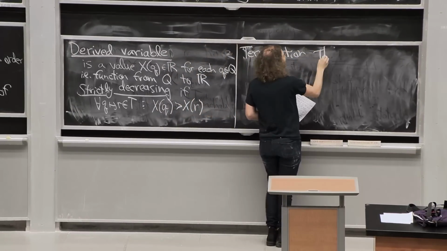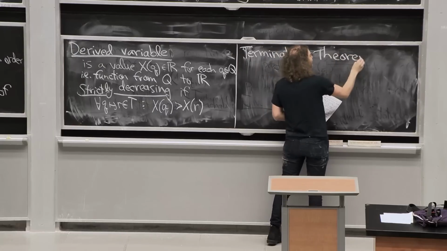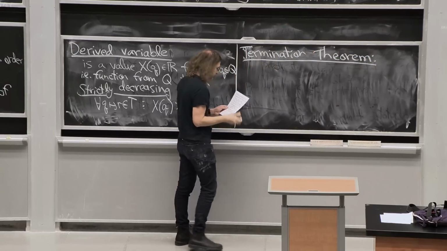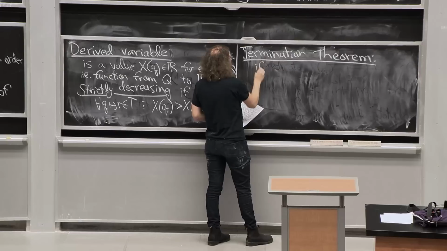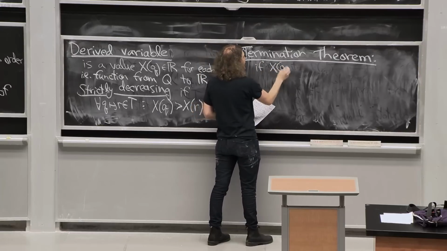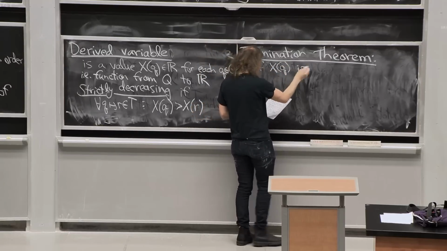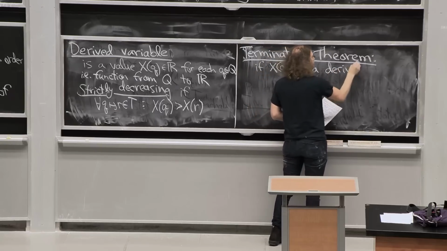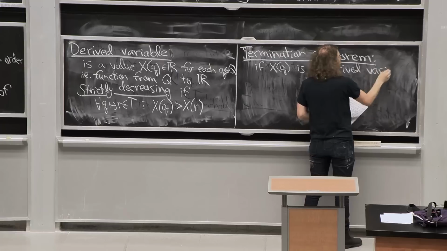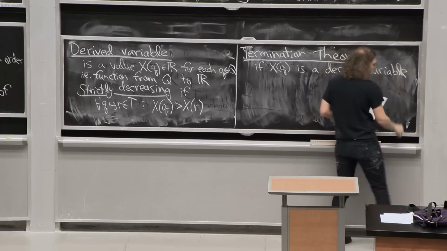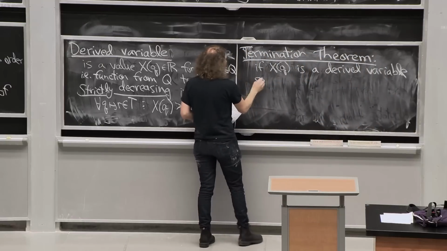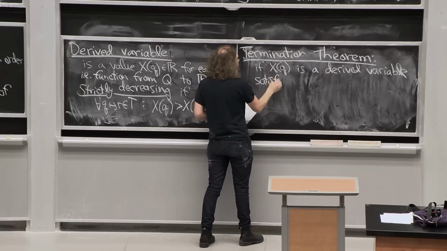It'll be obvious once I state it, but it's very useful for proving termination. It's how most termination arguments go. So it says, suppose you have a derived variable, x of q, and suppose it satisfies two properties.